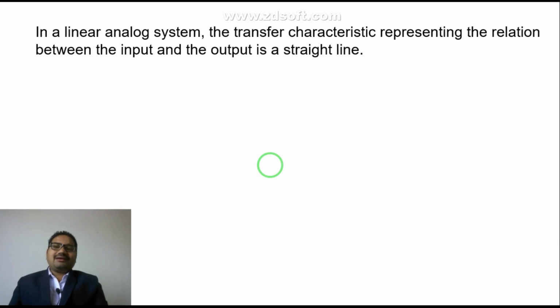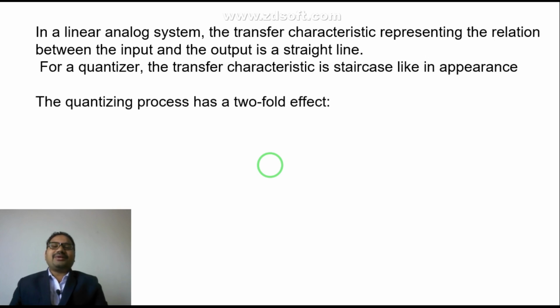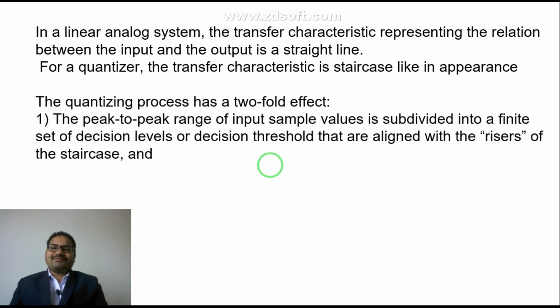Now in a linear analog system, the transfer characteristic representing the relation between input and output is a straight line. For a quantizer, the transfer characteristic has a staircase-like appearance. This quantization process has a twofold effect. First, the peak to peak range of input values is subdivided into a finite set of decision levels or decision thresholds that are aligned with the risers of the staircase.